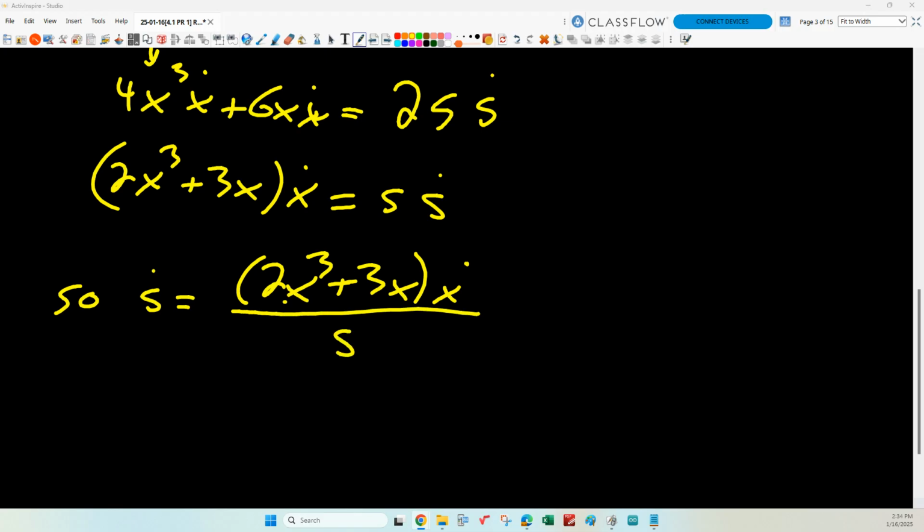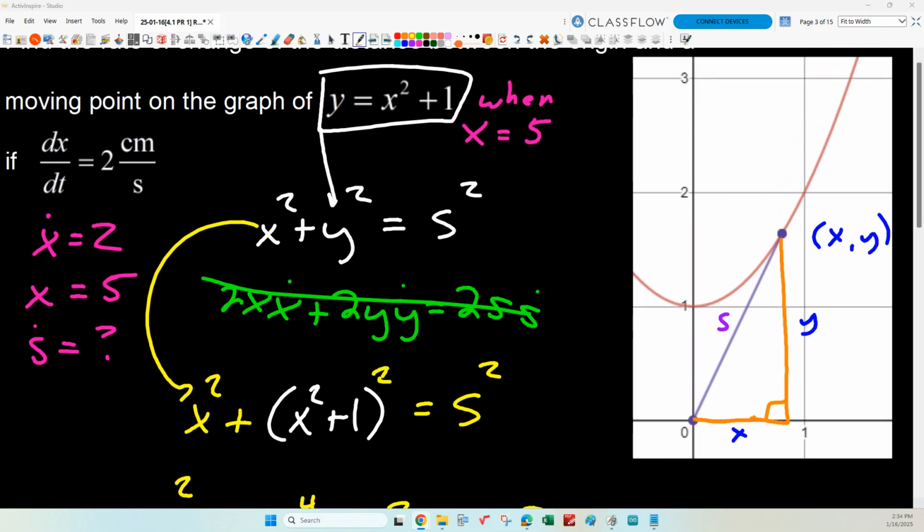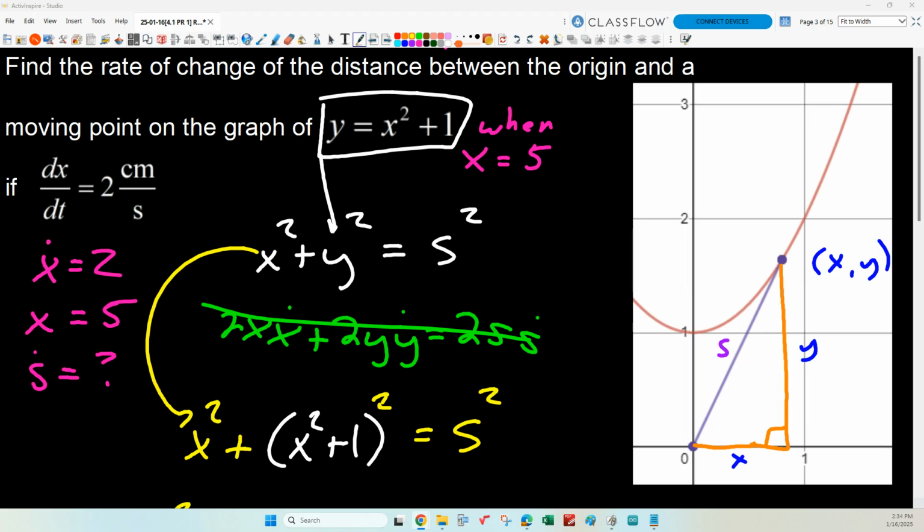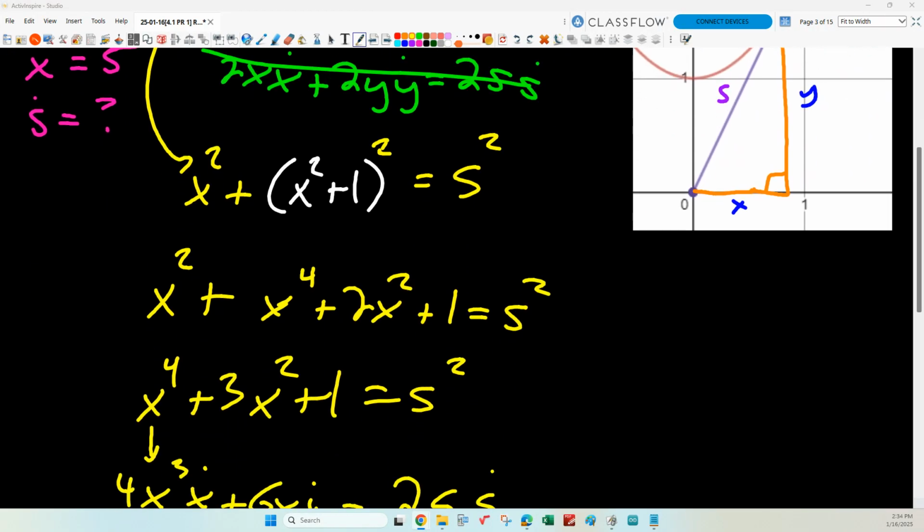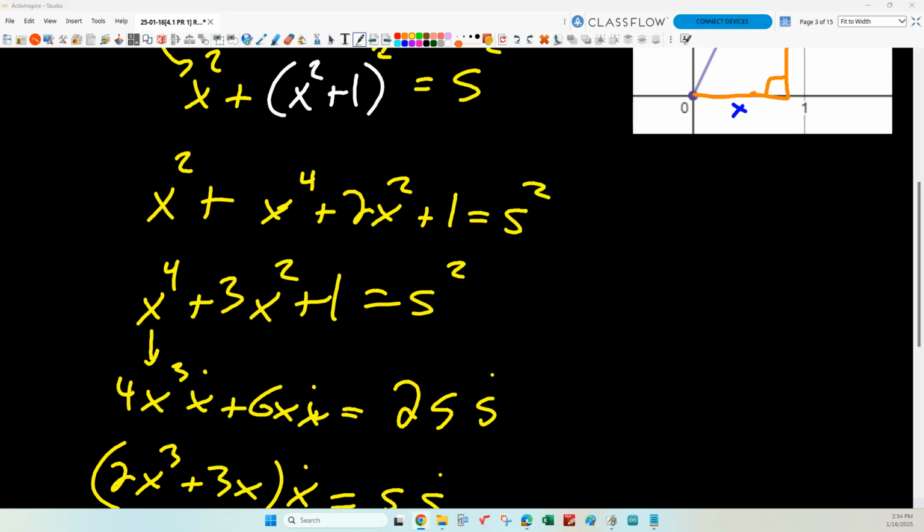But what's s? S is really just from this equation right here. S is really just the square root of all that stuff, right? Does that make sense? So I don't even have to calculate s in my list.